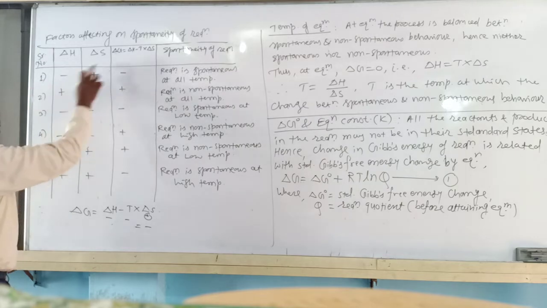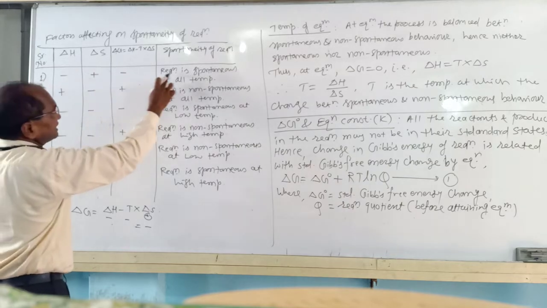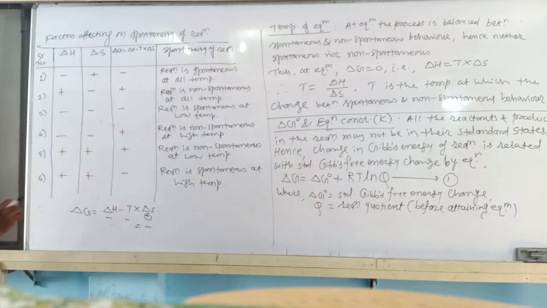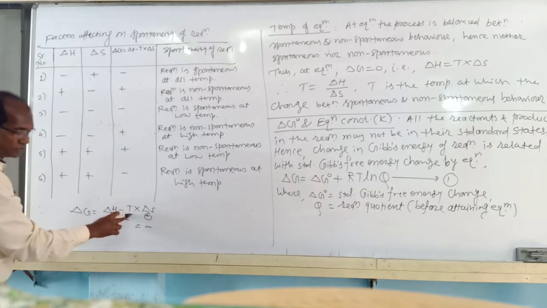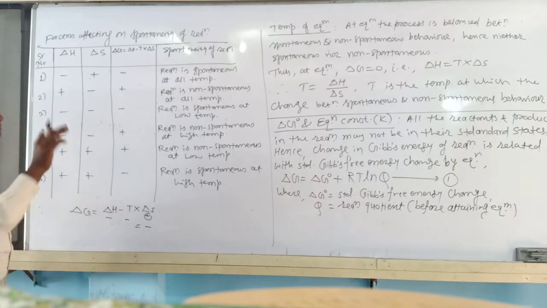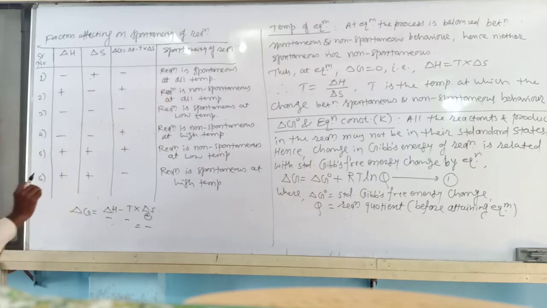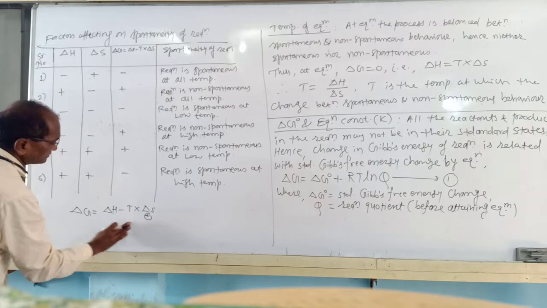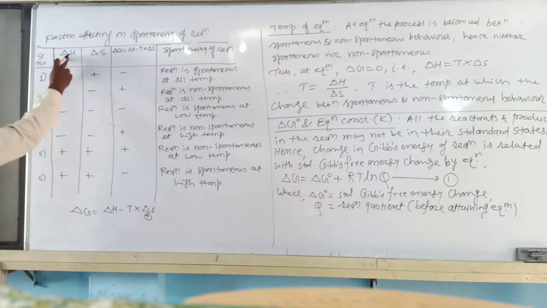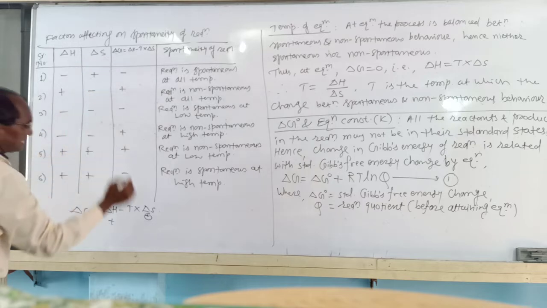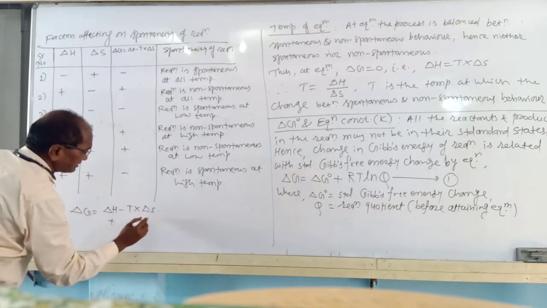If ΔG is negative, the reaction is spontaneous at all temperatures. Whatever the temperature may be, low or high, ΔG is negative, the reaction is spontaneous at all temperatures.